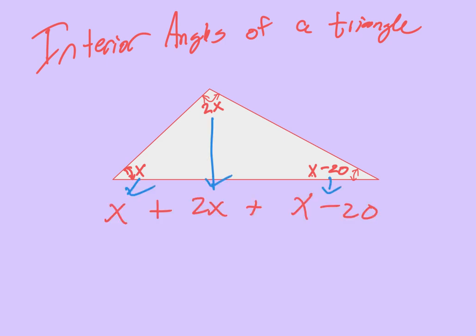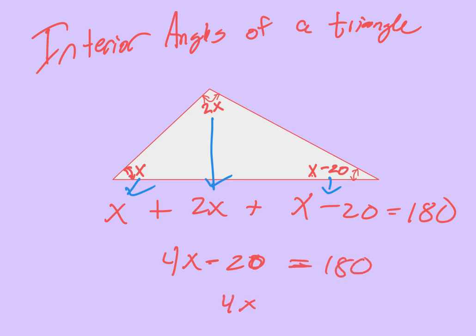Running them all down, x plus the 2x plus the x minus 20. When I add the 3 angles of a triangle up, they add to 180. So then I have, combining like terms, 4x minus 20 equaling 180. Adding 20, 4x equals 200, x equals 50.